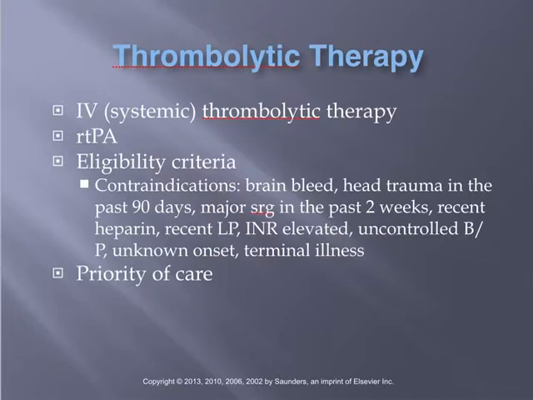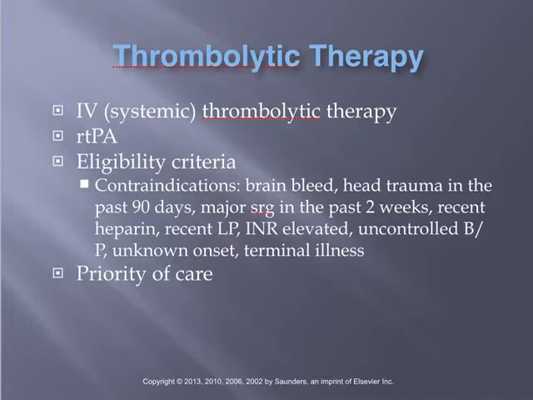And as I mentioned, if it is due to ischemic clot or thrombus, thrombolytic therapy may be indicated. There are some rules about whether or not we can do thrombolytic therapy, and we're going to talk about that more on the next slide. But the most common one and what you need to know is TPA. And there's eligibility criteria, so it has to be within 2 to 3 hours of the event.